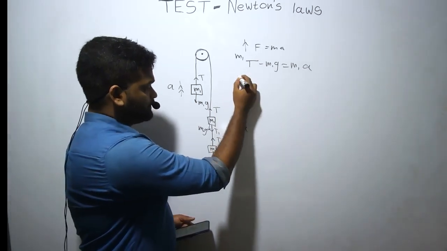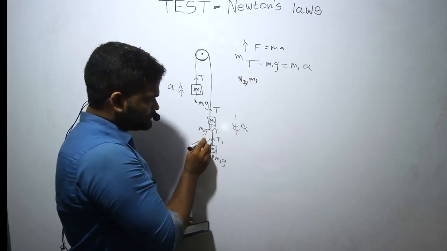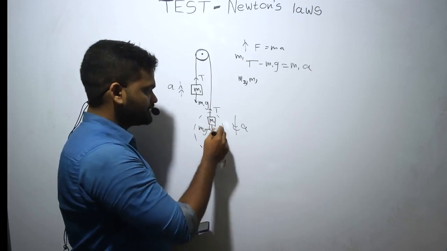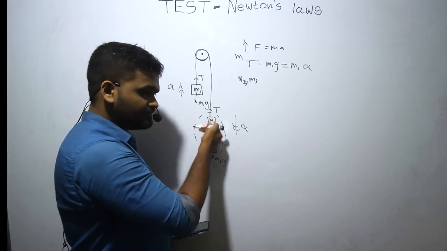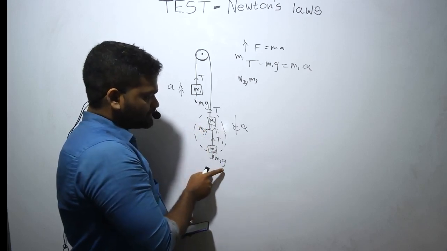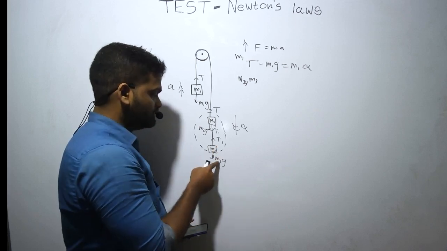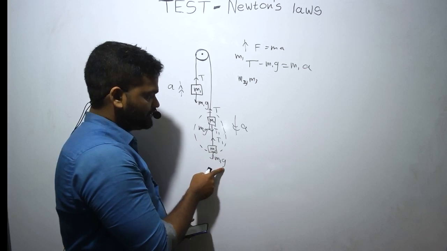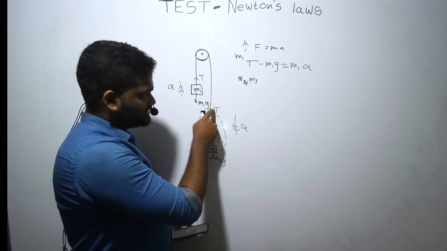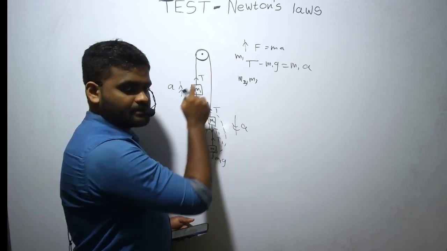So I'm applying it to M2 and M3 together. When you take them together, T1 and T2 become internal forces, forces exerted within the object. M2G and M3G are forces exerted by the earth, an external object, so you have to include them. The tension T is there because it is exerted by an external object, the remaining part of the string.